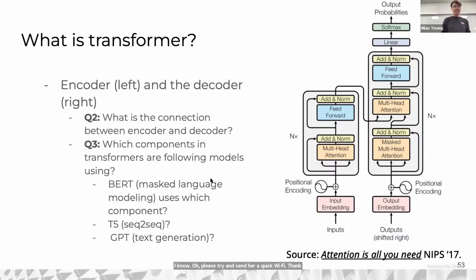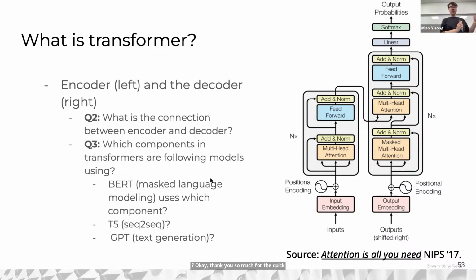Okay, so let's come to Q3. Which components in the transformer are used by the following models? How about BERT? What is the BERT model using? Encoder. So why encoder only for BERT? We're trying to encode the inputs and get the representations. You don't need to decode it into actual words. Thank you so much, Warren, for the quick answer.